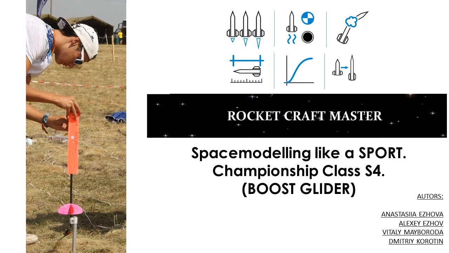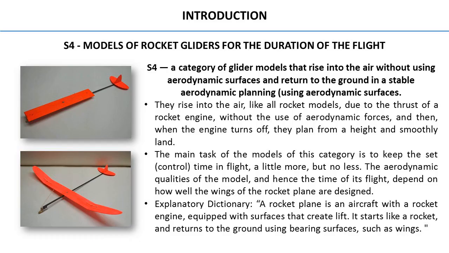Good day. Today we are going to tell you about the S4 class, which is another class of rocketry modeling. S4 are models of rocket gliders for the duration of the flight. It is a category of accelerator glider models that rise into the air without using aerodynamic surfaces and return to the ground in a stable aerodynamic planing using aerodynamic surfaces.